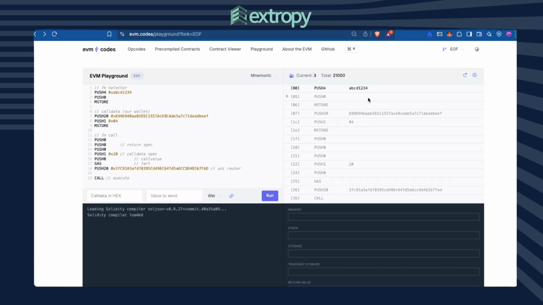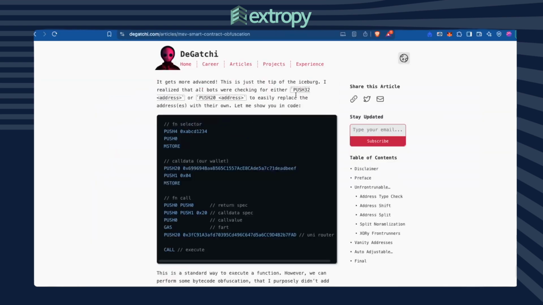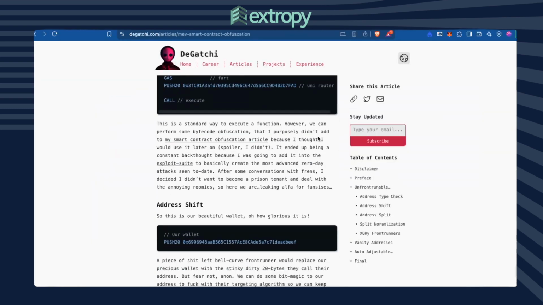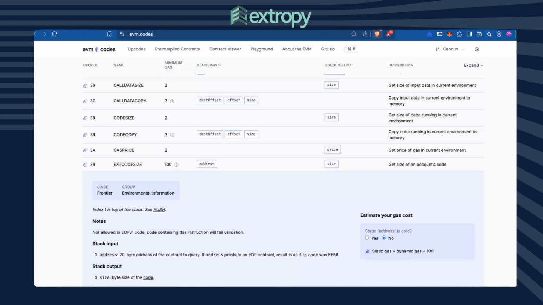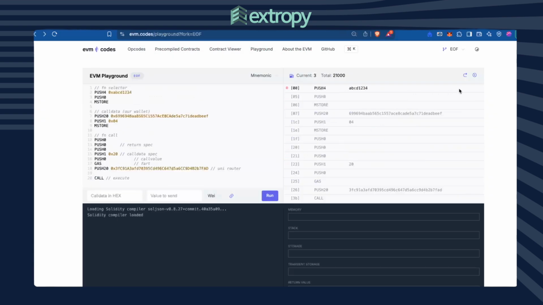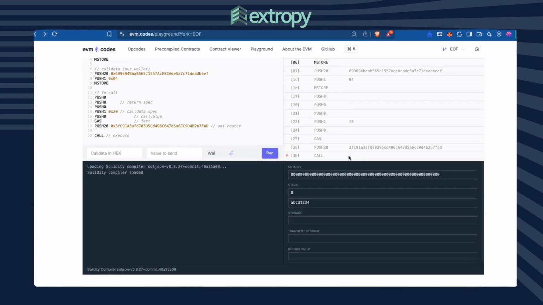Let's work through what is going on here. It's trying to execute a function. So the first part here, we're doing this PUSH4, which is the function selector, and that goes into the stack.